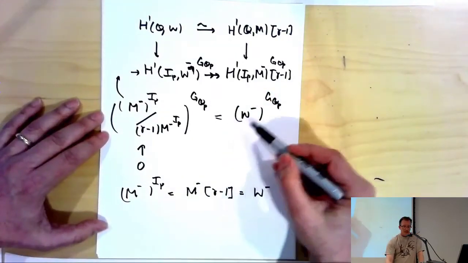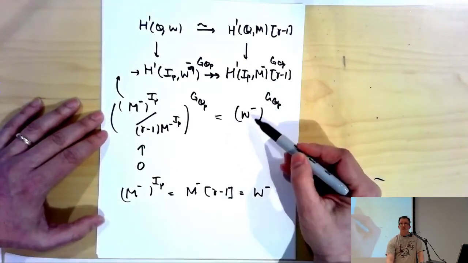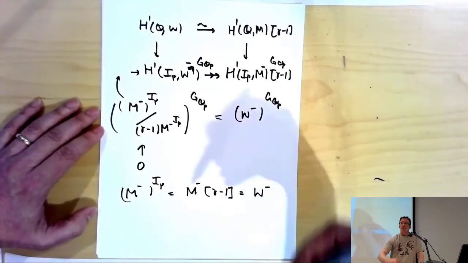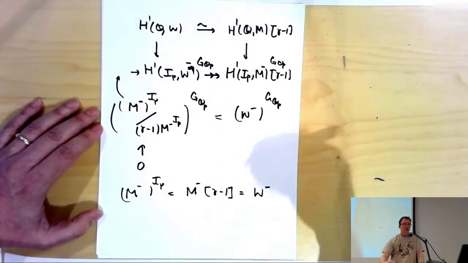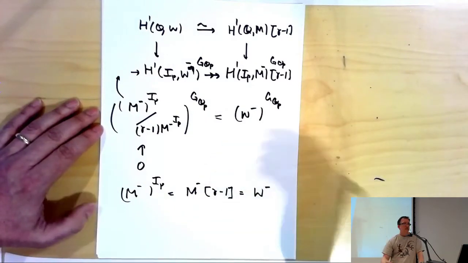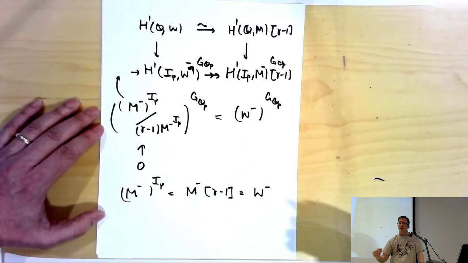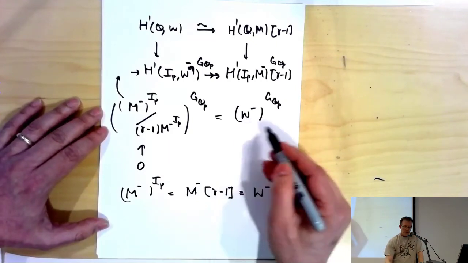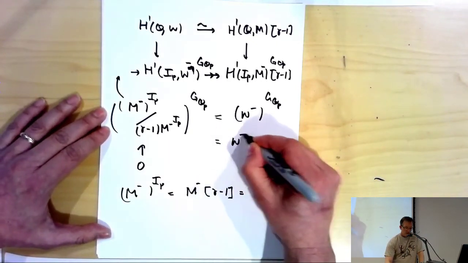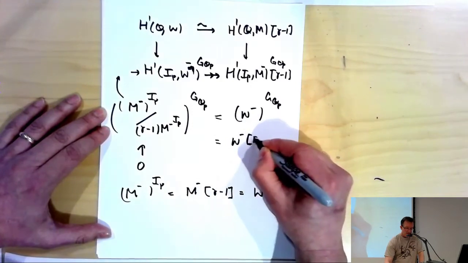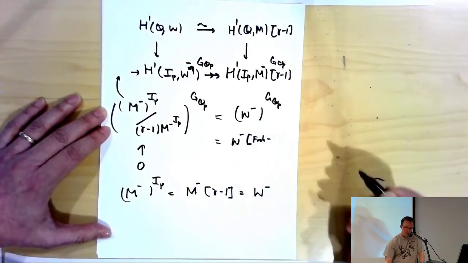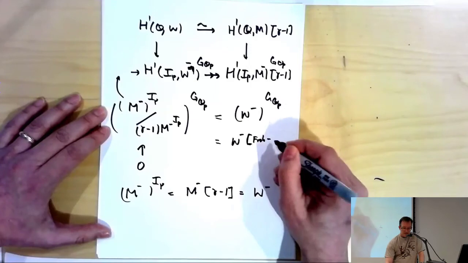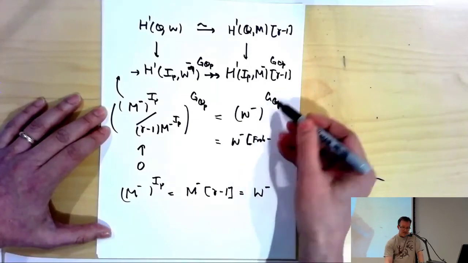Now remember, the action of G_{Q_p} on W minus was by this unramified character whose value on a Frobenius was the unit root of the polynomial x squared minus a_p x plus p. So this is actually just where the Frobenius is acting like alpha.